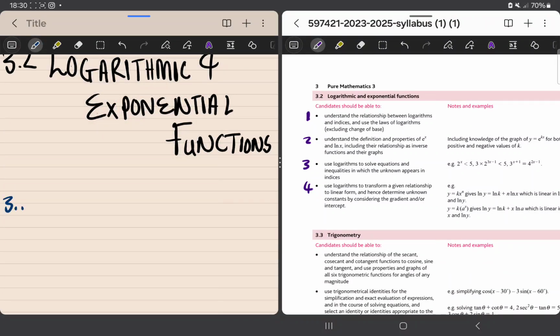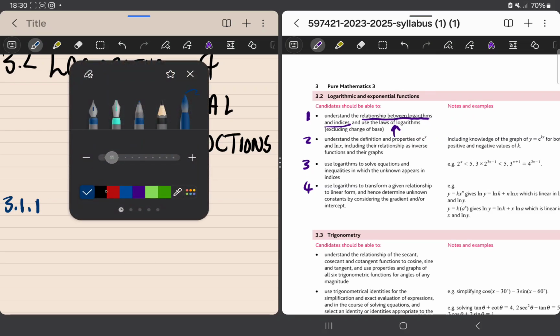So let's start with 3.1.1. It says understand the relationship between logarithms and indices, and use the laws of logarithms. So what are we going to write here?